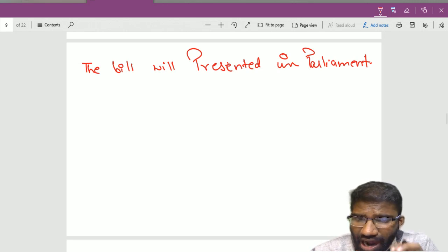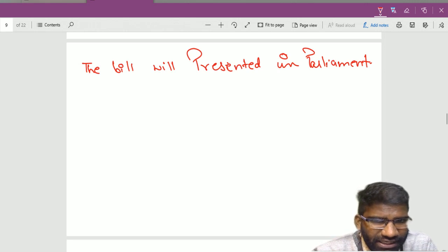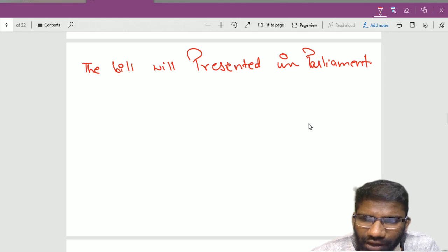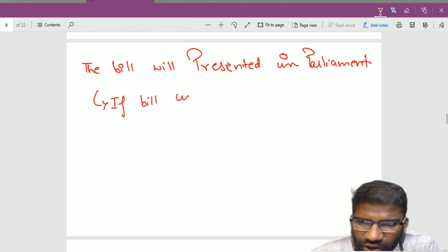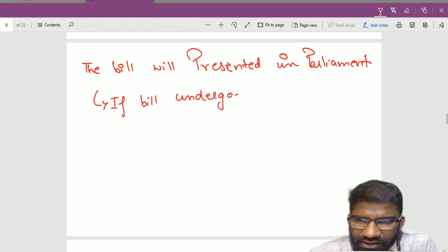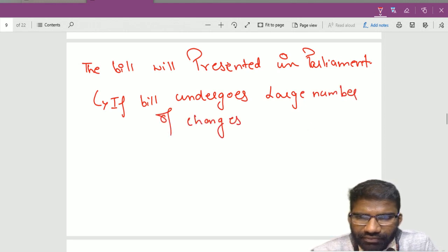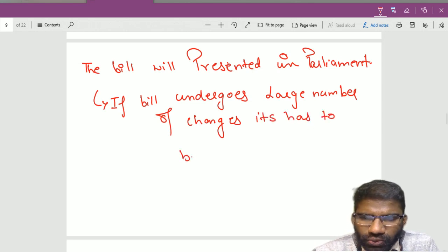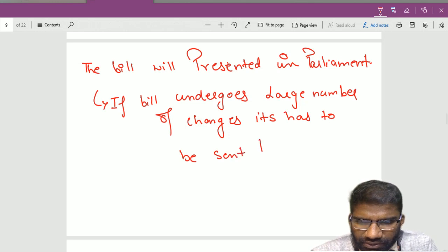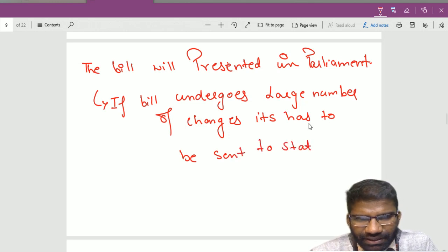If, after the state's opinion, the bill is presented in Parliament, and during the discussion in Parliament the bill undergoes a large number of changes, it has to be sent to the state again.